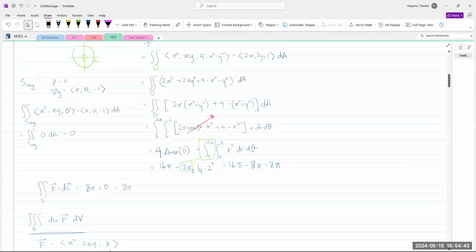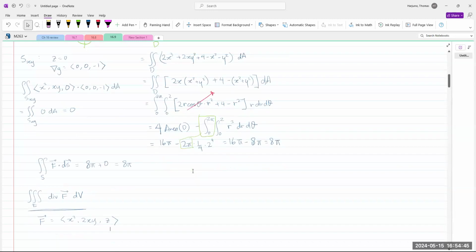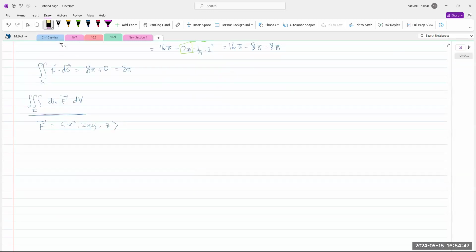Is it right? Do I copy that correctly? No 2, sorry, no 2. So the divergence of vector field F will be 2x, x, 1. Oh, I need to add them, it's a scalar. So that is 3x plus 1.